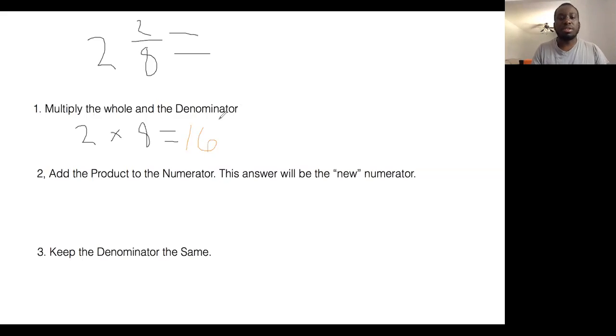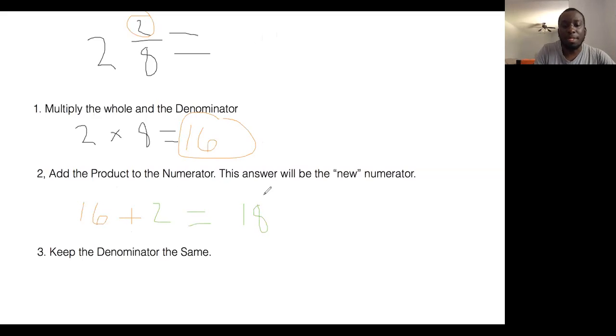Now, step 2 is add the product to the numerator. My product is 16. My numerator is 2, and I'm going to make 2 a different color. 16 plus 2 is 18.